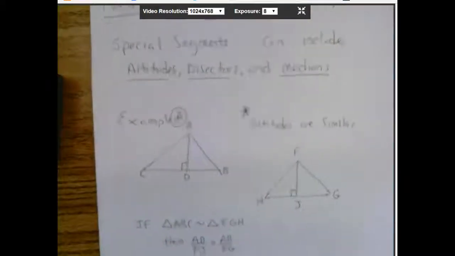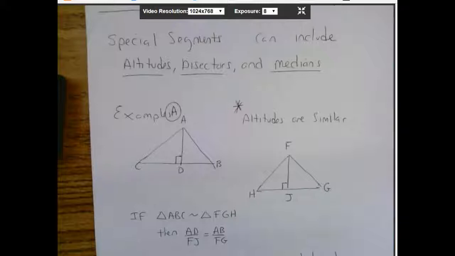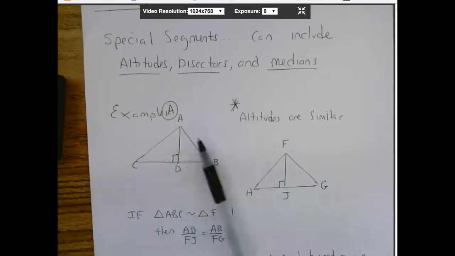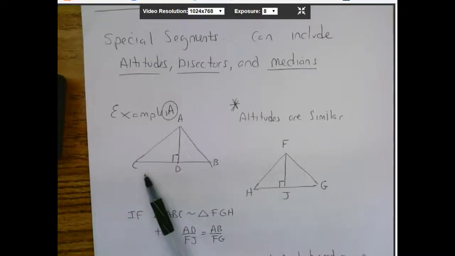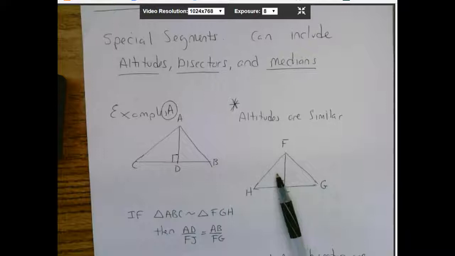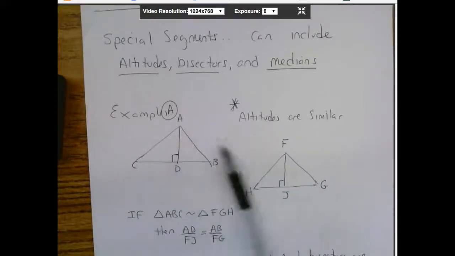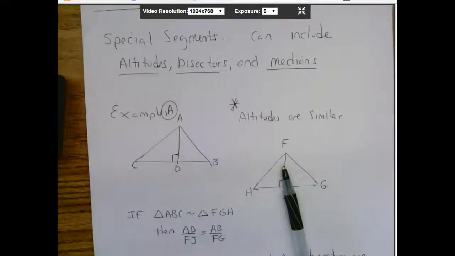And there's something we can learn, or something we can remember, to help us figure out similar triangles. So if we have these two triangles here, we have ABC with an altitude coming from A across to the segment CB, and we see it's a right angle, so it's an altitude. And if we have another triangle, FGH, and then we have another altitude, because we see that right angle going across from one vertex, we can use those altitudes as similarities.